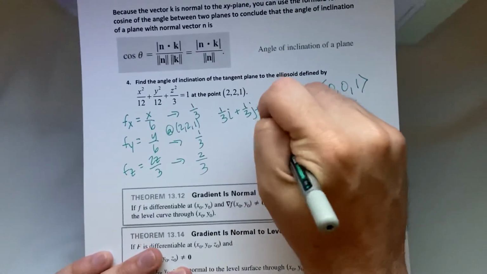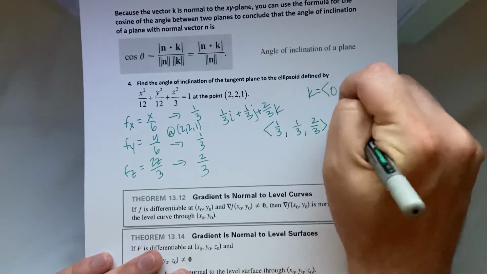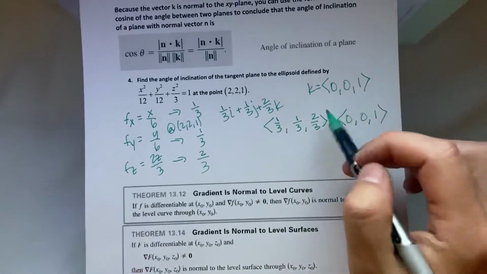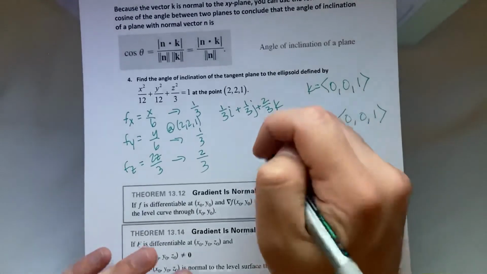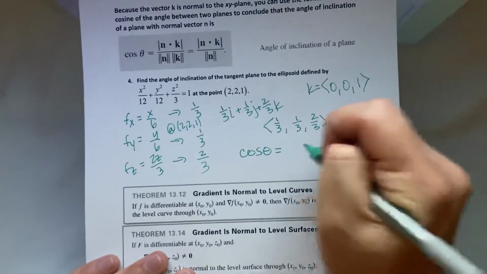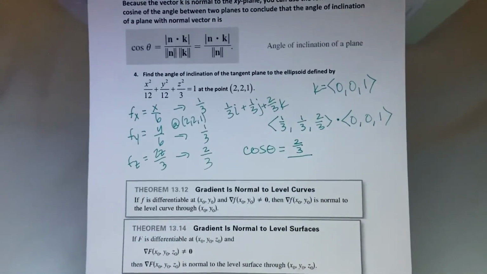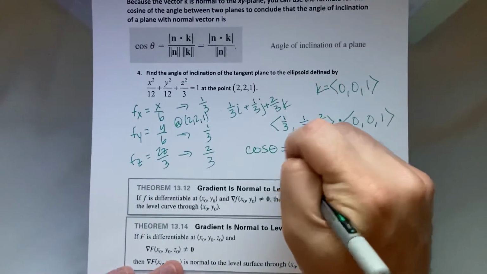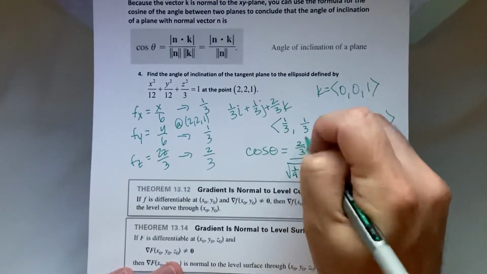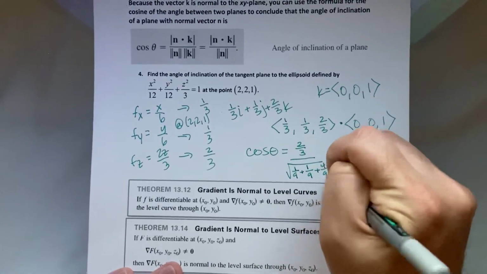So if I take the dot product of (1/3, 1/3, 2/3) with (0, 0, 1), the only thing that survives is the 2/3. So cosine theta equals the absolute value of that, 2/3, over the magnitude of n. The magnitude of n is the square root of 1/3 squared, which is 1/9, plus 1/3 squared, which is 1/9, plus 2/3 squared, which is 4/9.